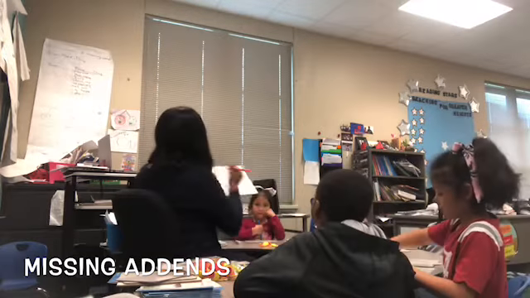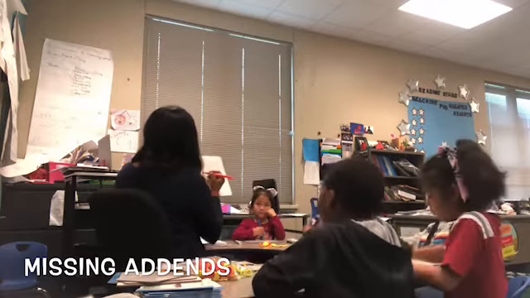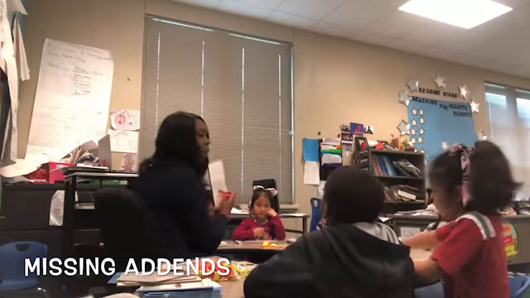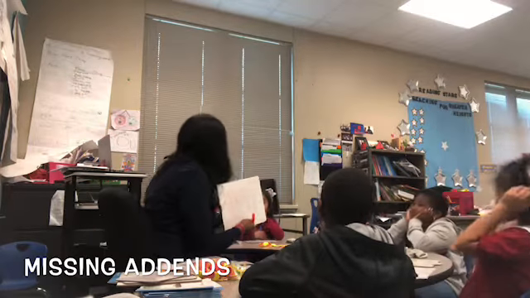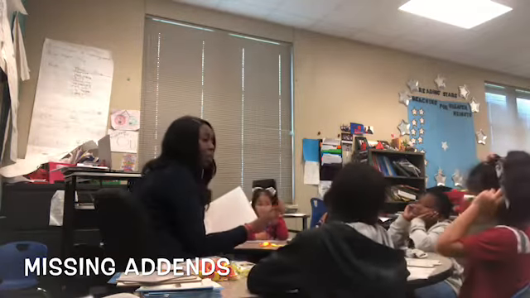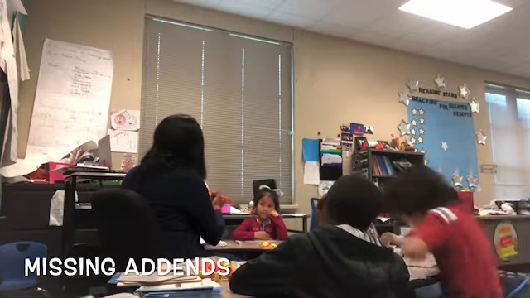There are 4 oranges on the table. Miss Kim added more. What sign do we need to put after that 4? A plus sign, because it said that she added more. Did it tell us how many more she added? No, so we know we need to find that number.